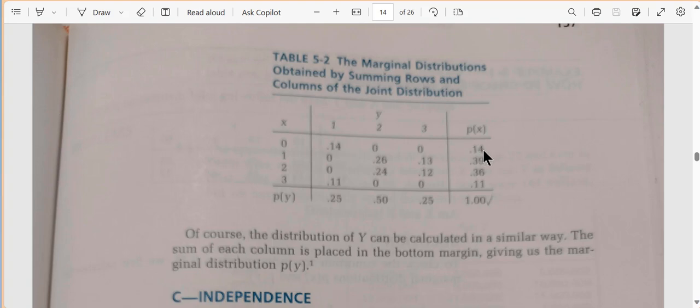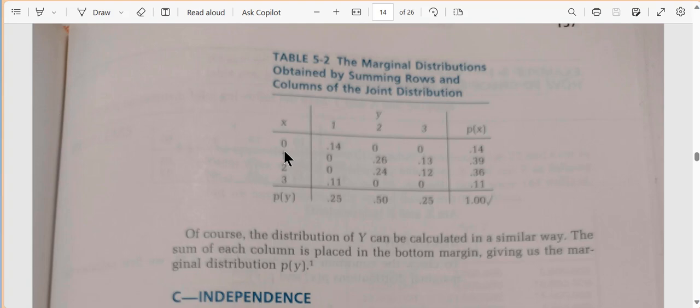So is 0.14 times 0.25 equal to this? Well, already we see that's not true. So just from that one calculation, we can see already that these two random variables are not independent.